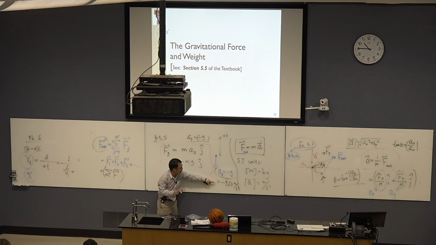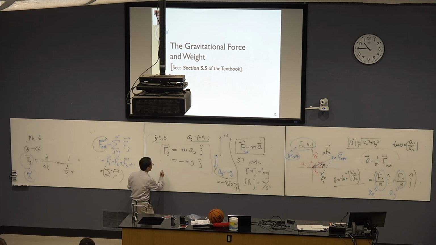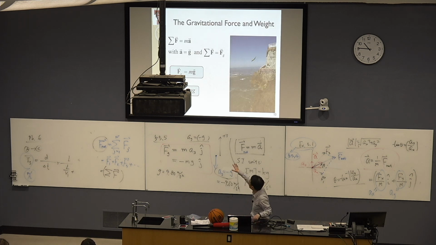But ay is negative, but g is positive. g equals positive 9.8 meter per second squared. So that's what we have here. The notation in the textbook, you can read it, but just don't get confused. g itself is positive, but we always consider ay as a negative quantity. So that's our consideration here.